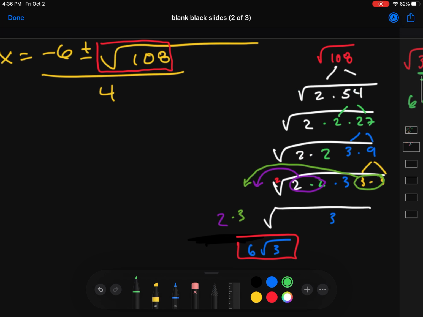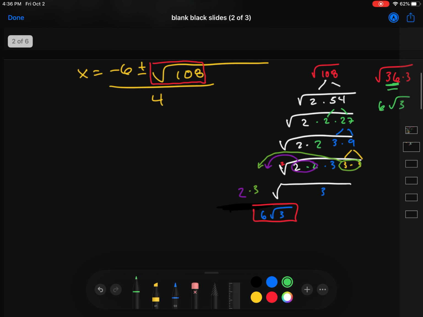Okay, so let's go ahead and use that information. We're still simplifying here on the left side. On the big problem, x equals negative 6 plus or minus, let's use now this one we just did, 6 radical 3, all over 4. Okay, this one usually baffles students.